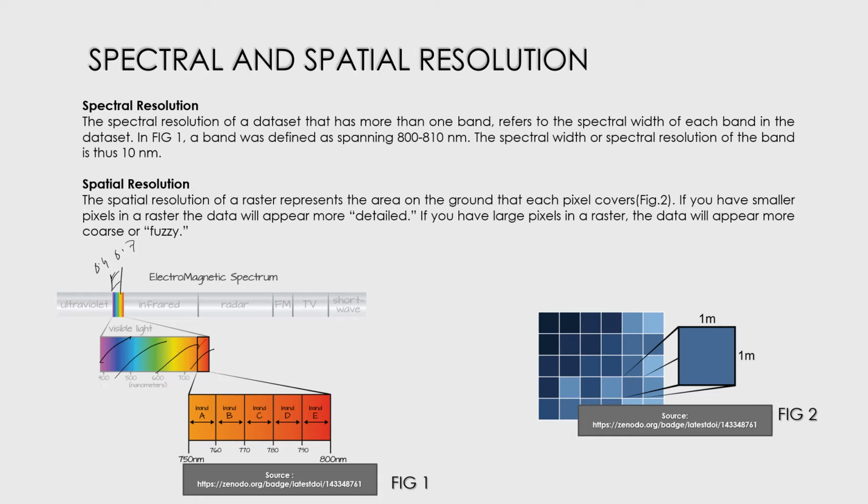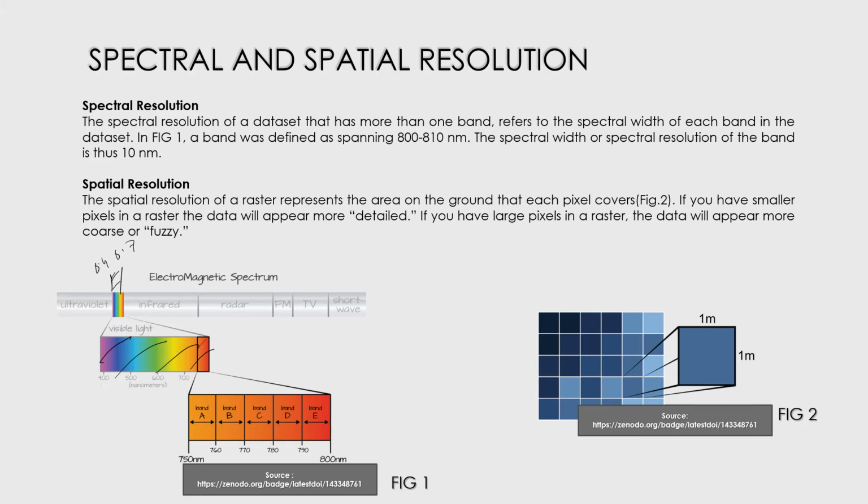More bands means more spectral width, so a lesser number of bands means less spectral width. Mainly, spectral resolution means the bandwidth of a certain wavelength.